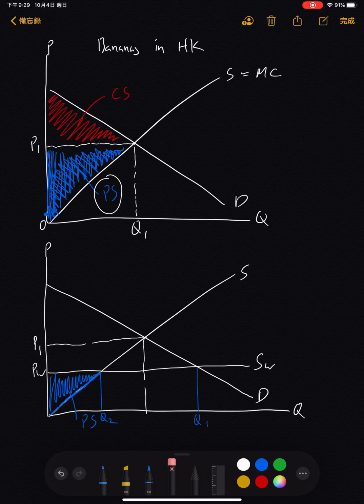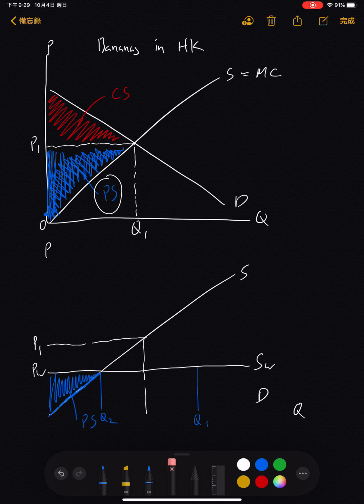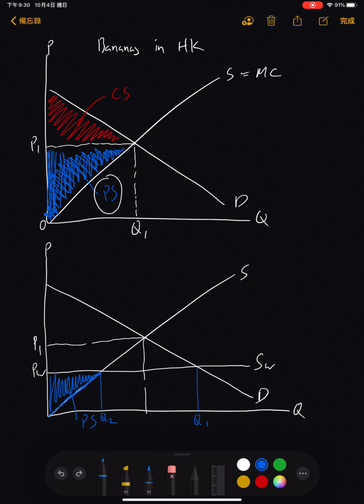At the end we can find the new consumer surplus, which is here, from the top of it, because now they are consuming at Q1. Well, I think I should call this another name. Let's call it Q3.